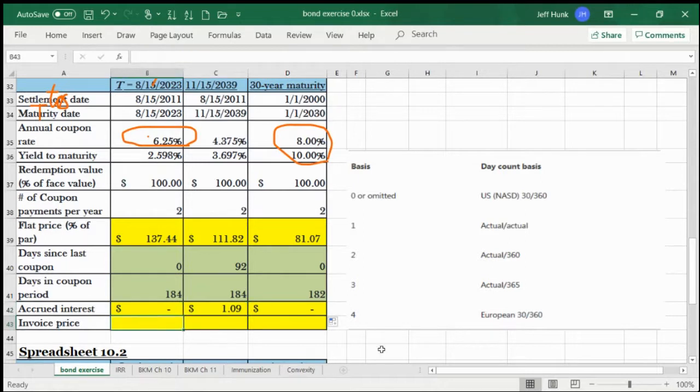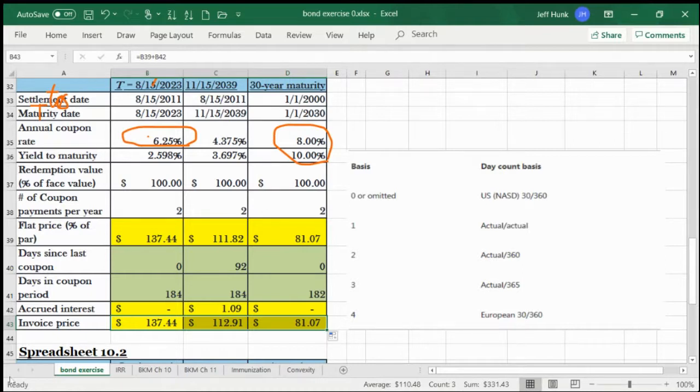So the invoice price is eventually then what? A flat price, or clean price, quoted price, plus accrued interest, and that is the invoice price or dirty price. And you drag it across, okay? Then we find invoice price.